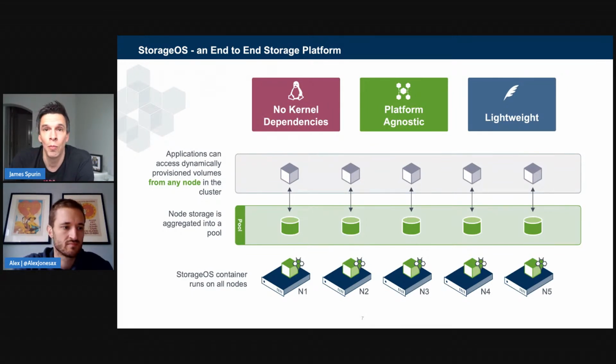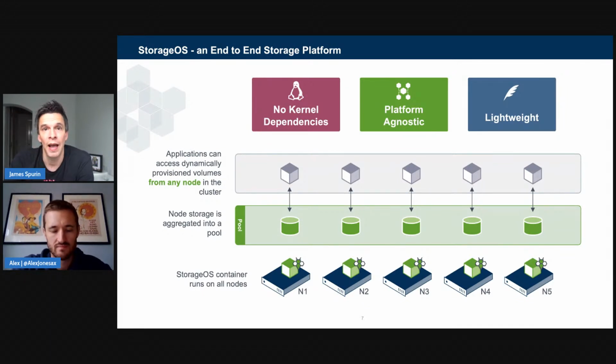We covered platform agnostic, and as I mentioned, you can run StorageOS on OpenShift, EKS, AKS, other cloud providers, or even on your own infrastructure like Civo is doing. It's lightweight, so StorageOS is both lightweight in its deployment and its use. It's around about 40 megabytes for the container image, and the minimum requirements are 1 CPU core.